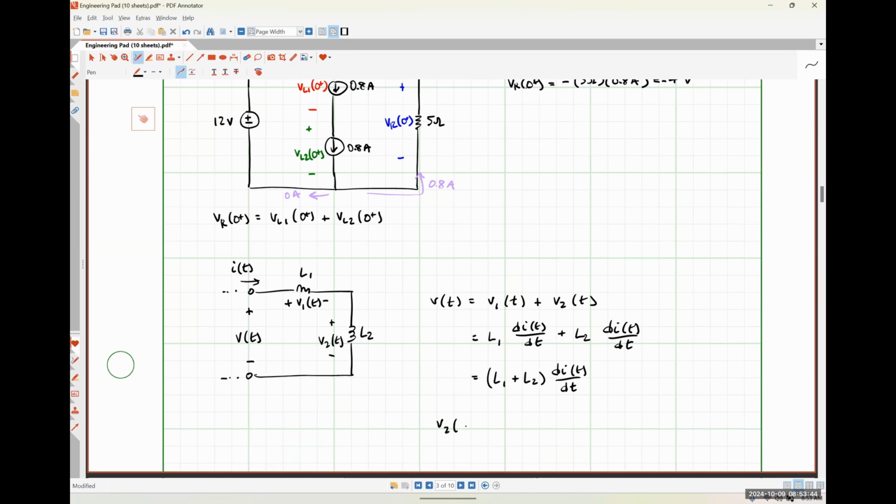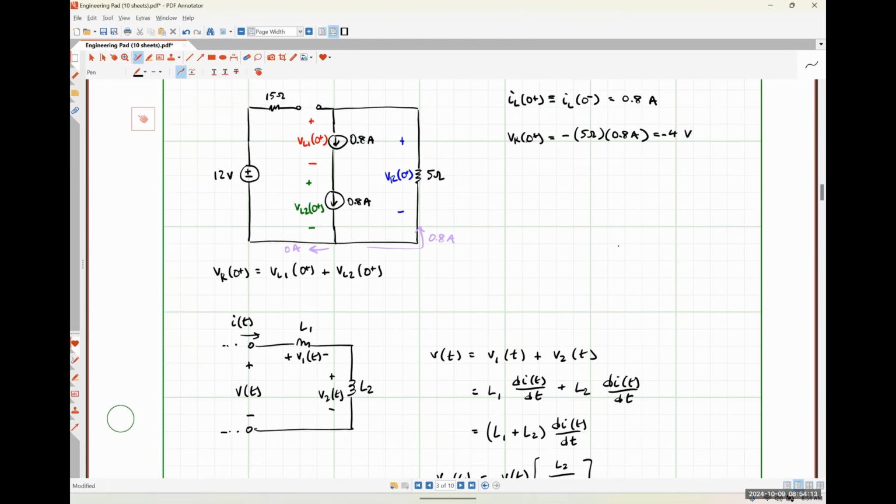So what's going to wind up working out is that V2 is just going to be V of t times a factor of L2 over L1 plus L2. So the voltage division for inductances works exactly like voltage division for resistances because they combine the same way effectively.